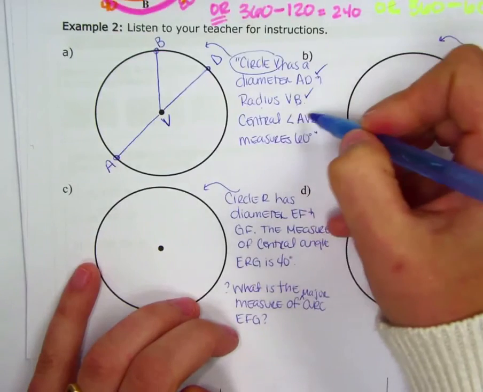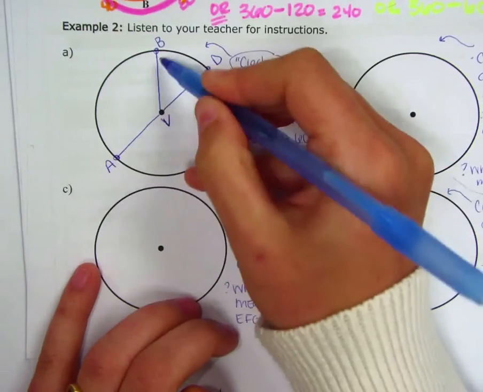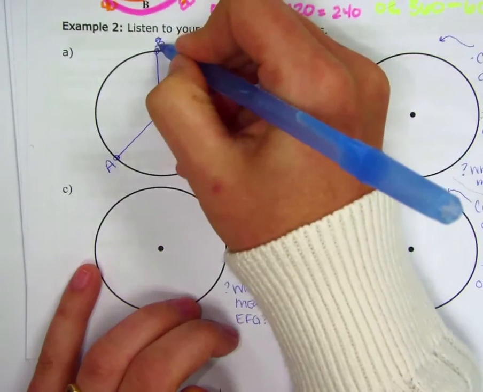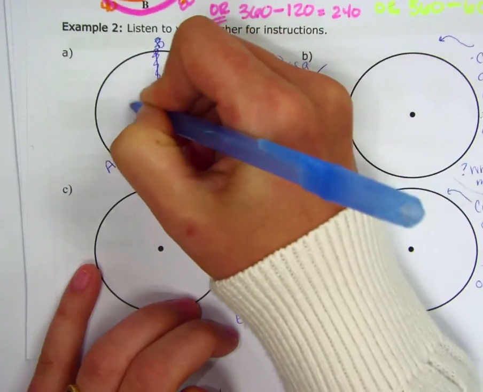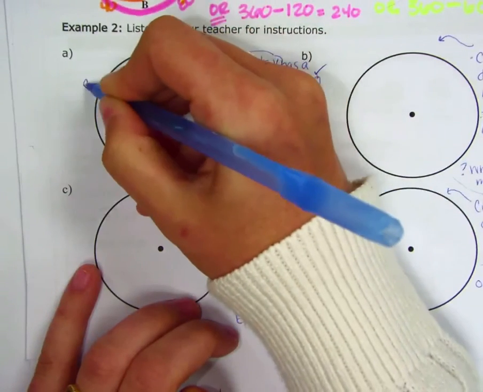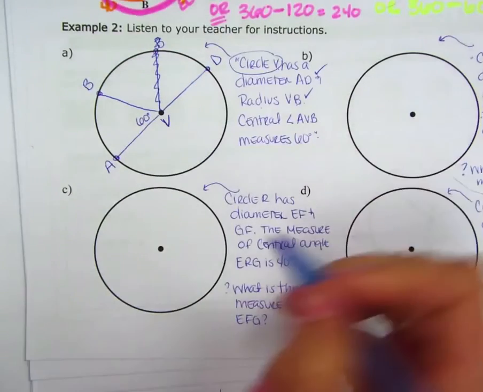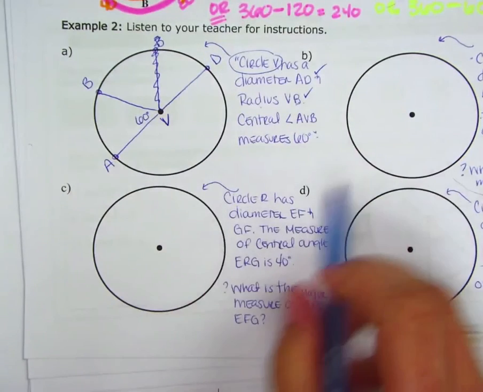Central angle AVB measures 60 degrees. Wow, let's go ahead and change that then. This is 60 degrees. Check.